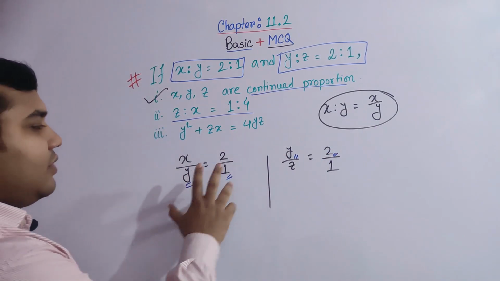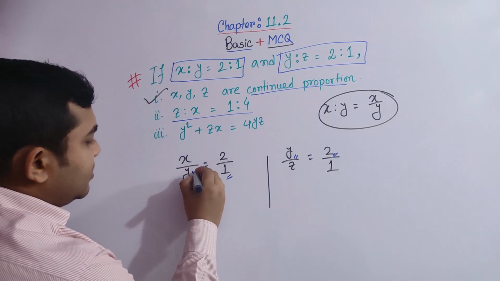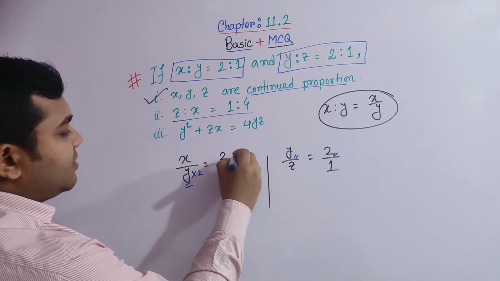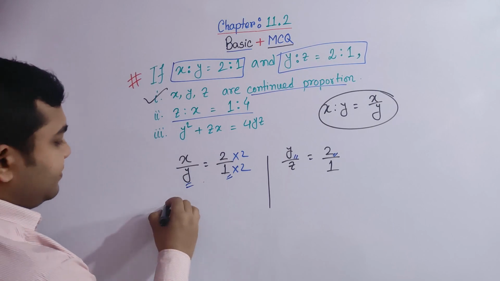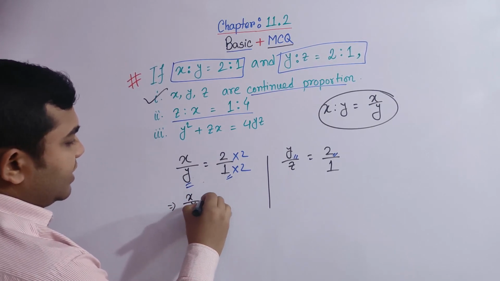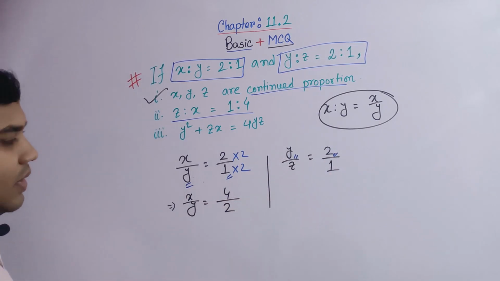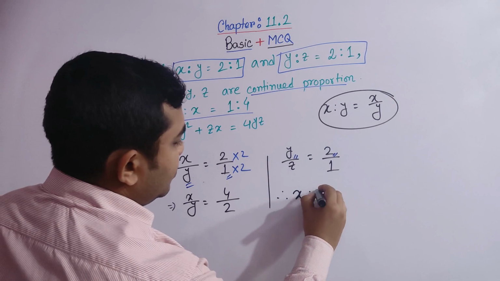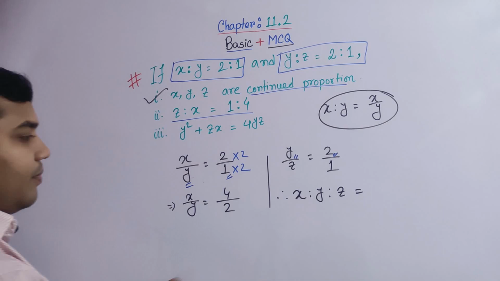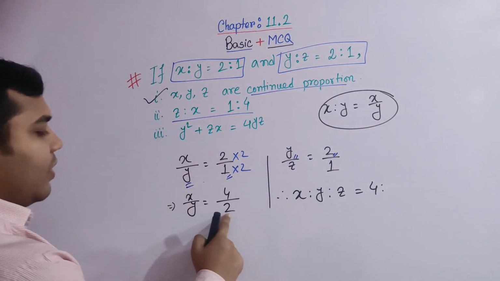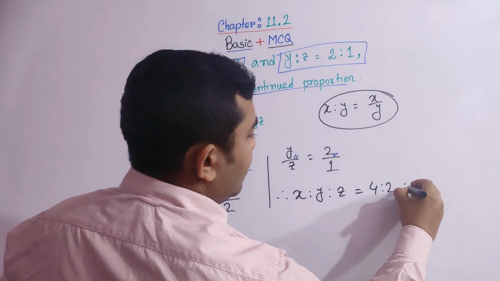So to make these equal, we have to multiply this by 2. Then we will get x by y equal to 4/2, and here it will be 2/4. That means we can say x is to y is to z is equal to, the value of x is 4, the value of y is 2, here is also 2, and the value of z should be 1.